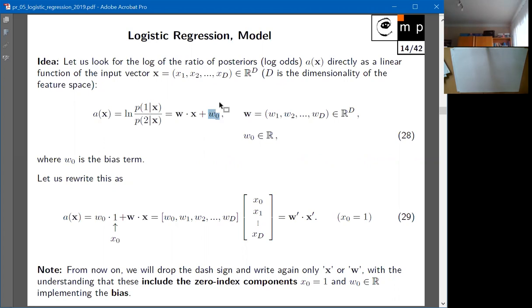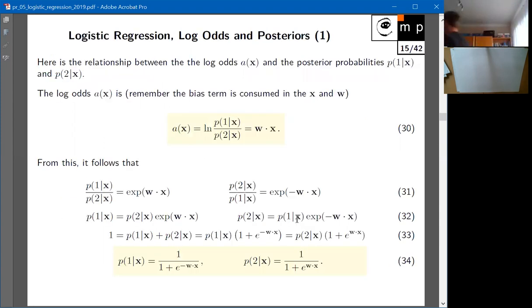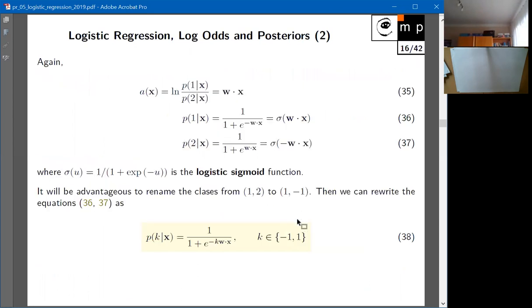And if we add w_0 to the representation, this defines a plane passing through the origin, and w prime is the normal vector to the deciding plane. But we know more than the decision, because for any x, we can also calculate the a posteriori probability for both classes.